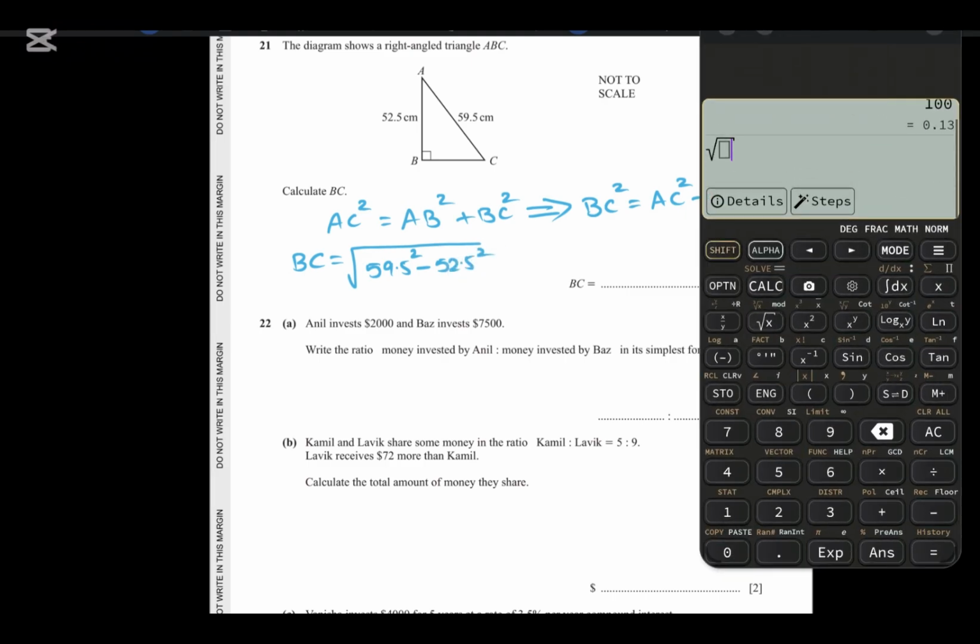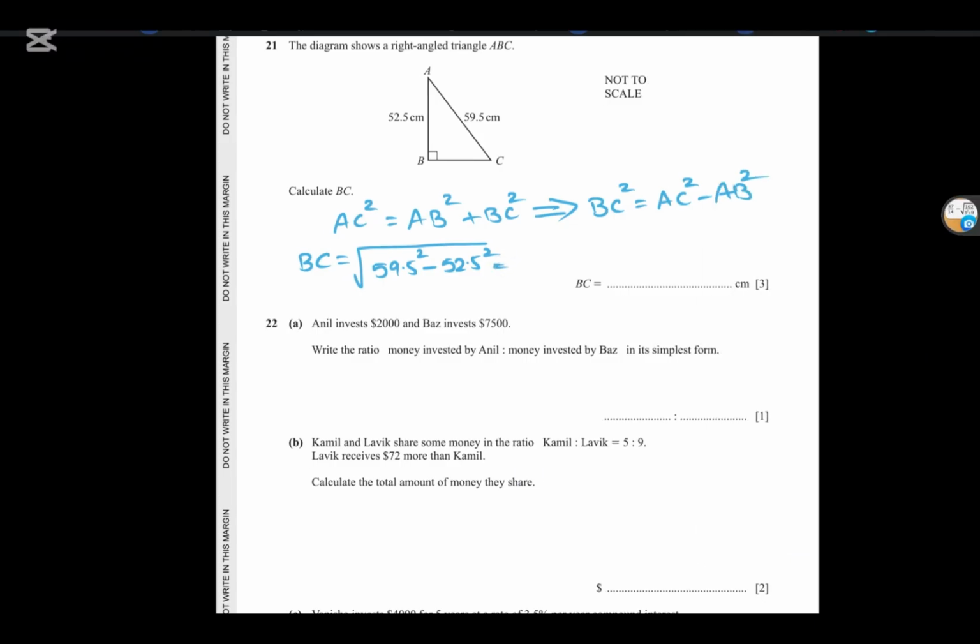Square root of 59.5 square minus 52.5 square, that is 28. So it is 28 centimeters. So answer is 28.